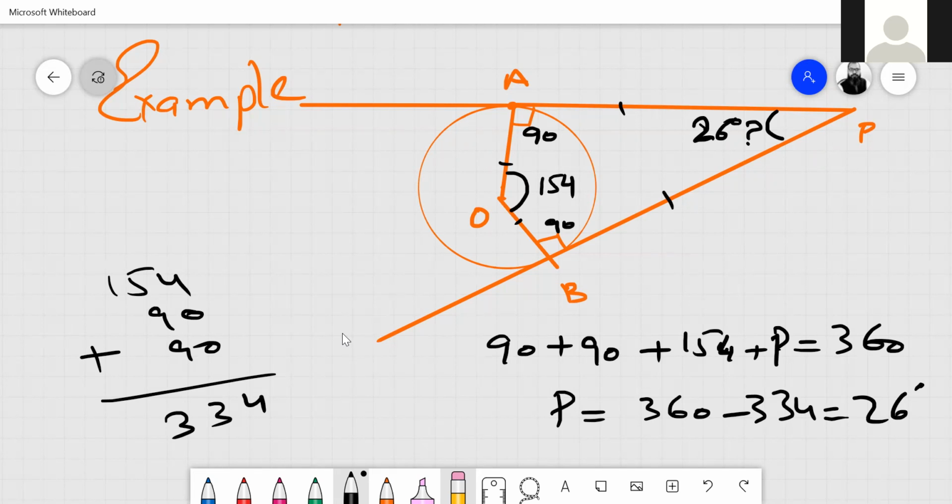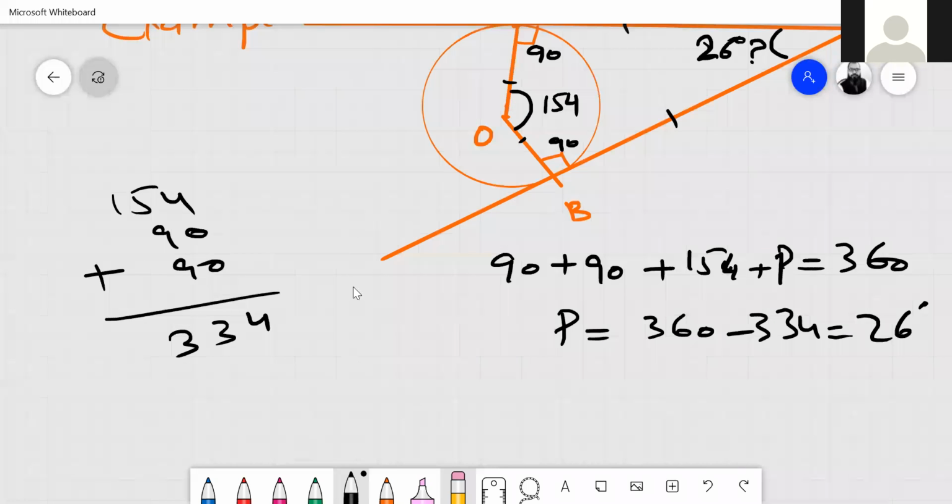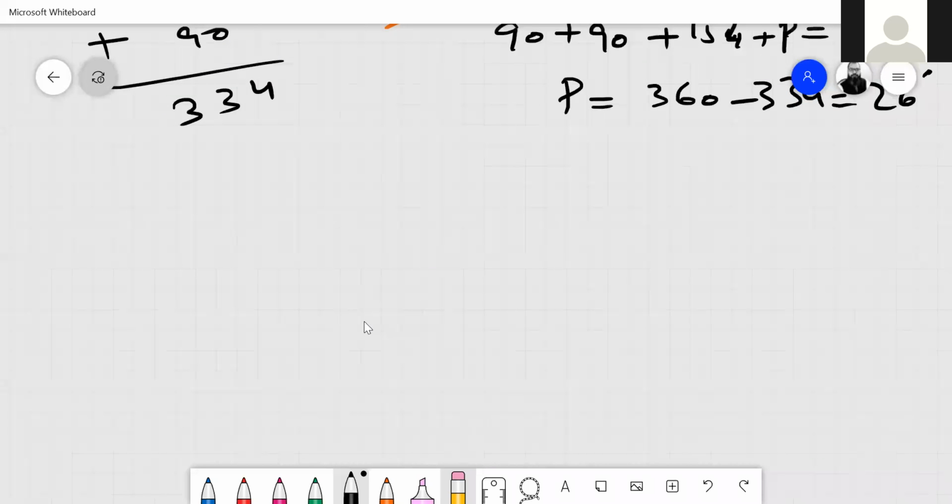Okay, now come to the questions. Question number 1. In each diagram, TP and TQ are the tangents to the circle with center O. Find the value of x.